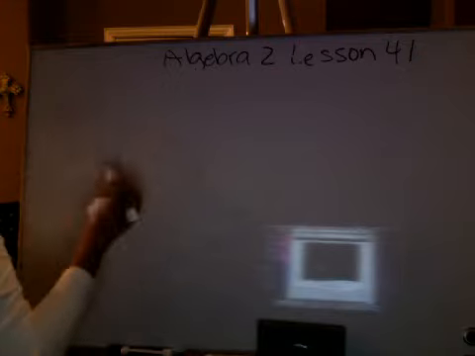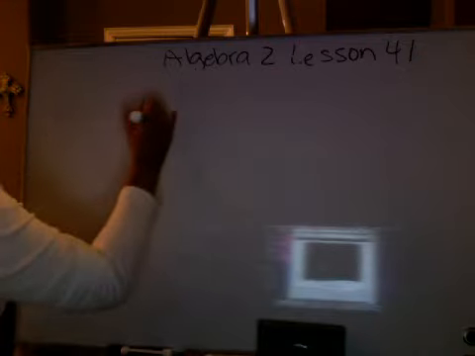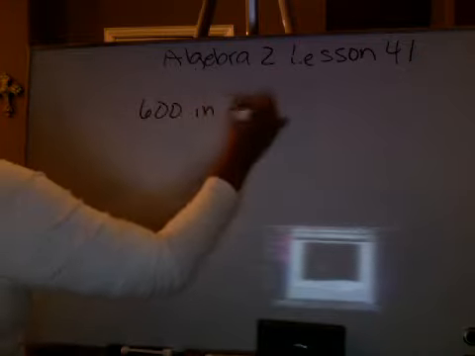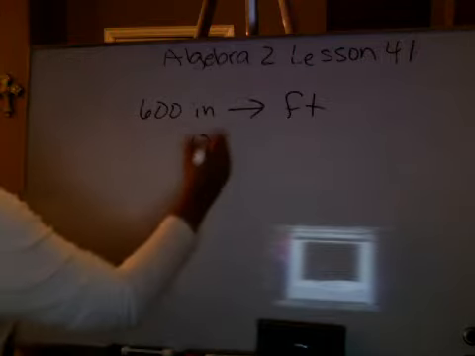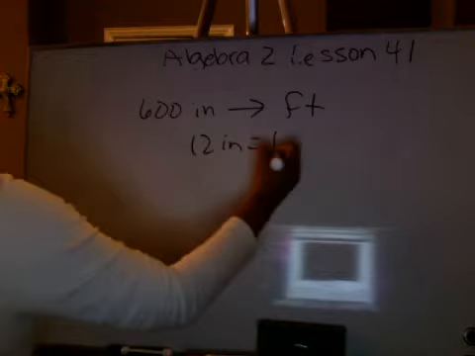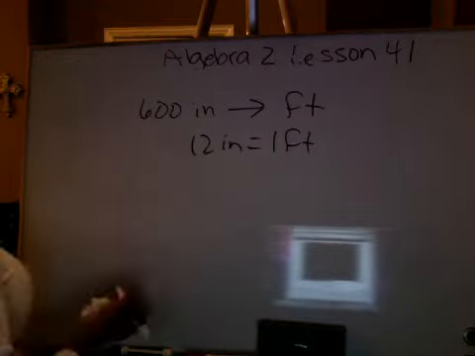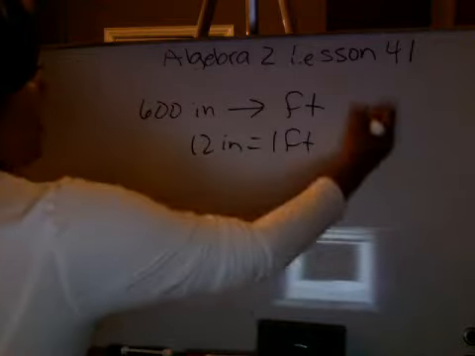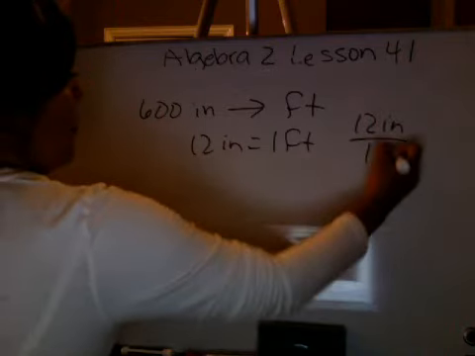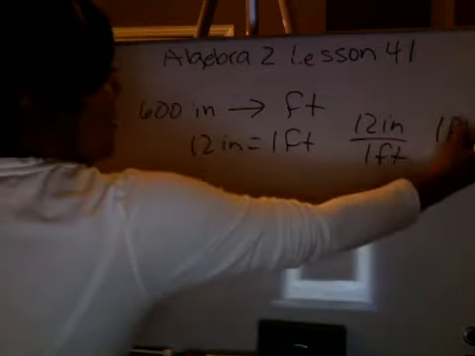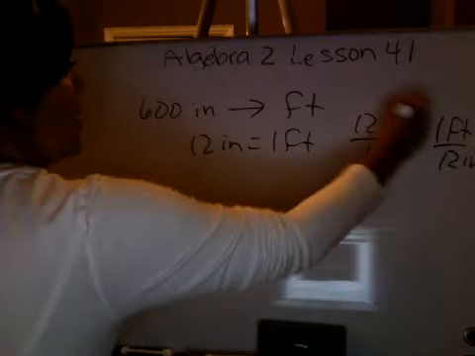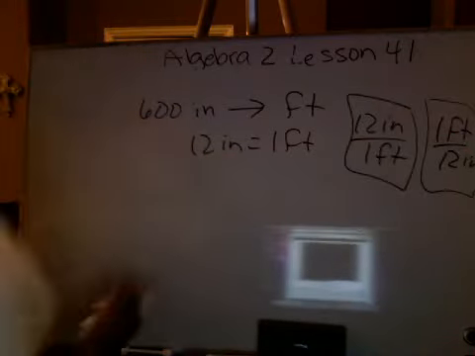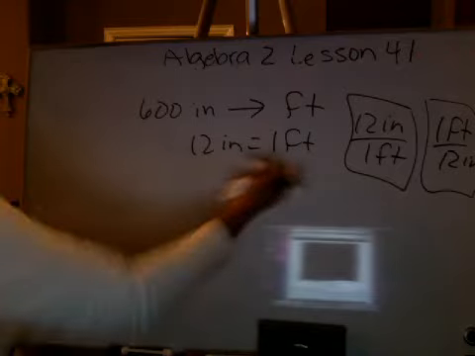Basically, it says use a unit multiplier to change 600 inches to feet. Well, we know 12 inches equals 1 foot. So we're either going to do 12 inches over 1 foot or 1 foot over 12 inches. Doesn't this equal 1? It does, because they're equal. So it's the same thing divided by itself equals 1.